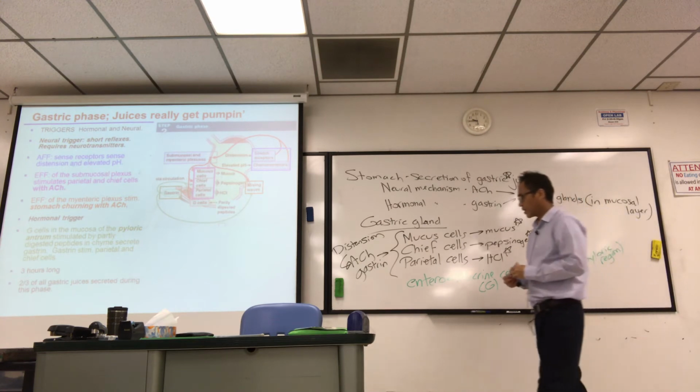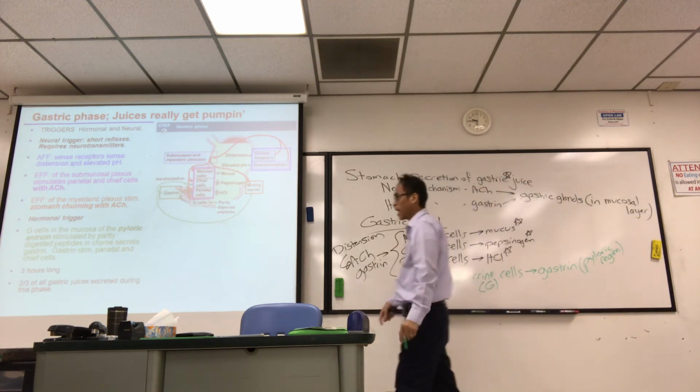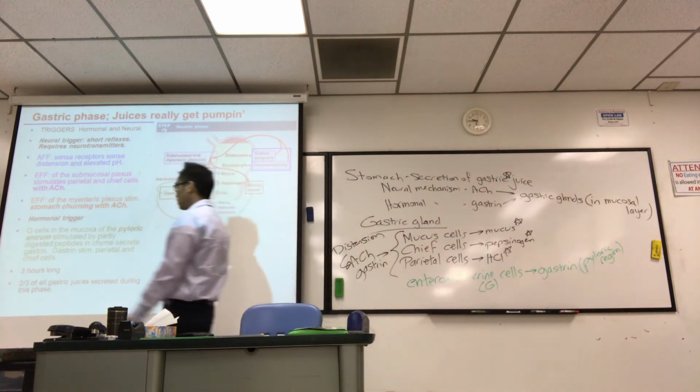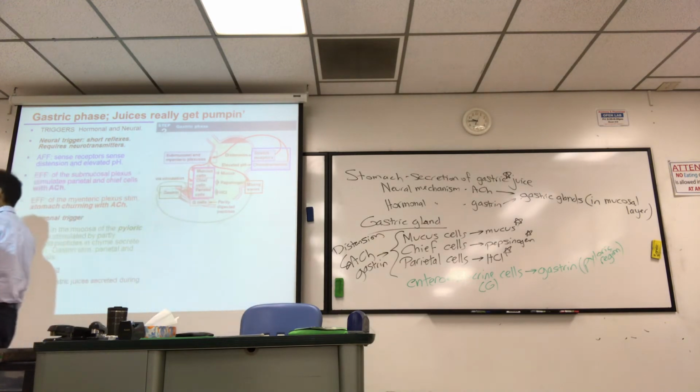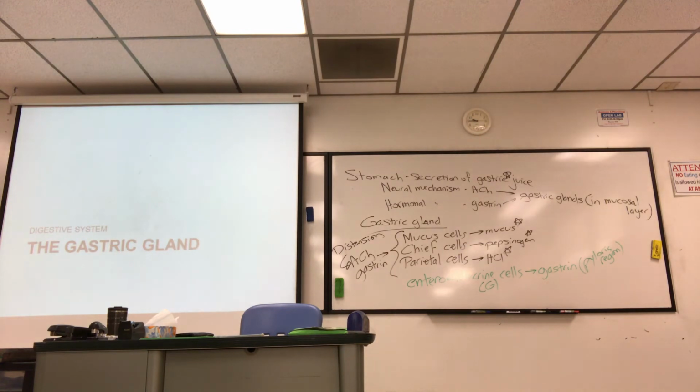Okay? But gastrin will help facilitate more gastric juice. It's a long phase, 3 hours long, so it keeps on happening well after you're done eating. 2/3 of all gastric juices are secreted during this phase. So let's take a look at the gastric gland before we proceed to the last phase, the intestinal phase.